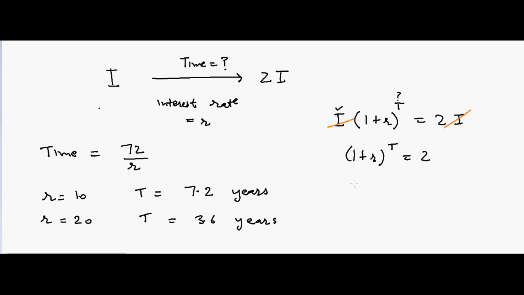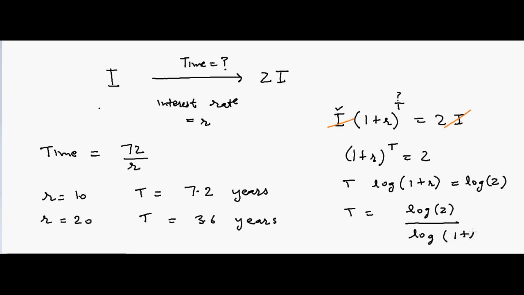Further, if you take log on both sides, it will be t log of (1 plus r) is equal to log of 2, or t is equal to log of 2 divided by log of (1 plus r), right?